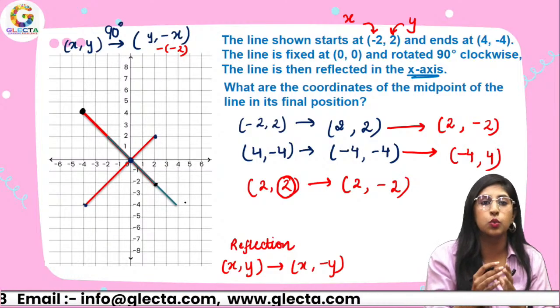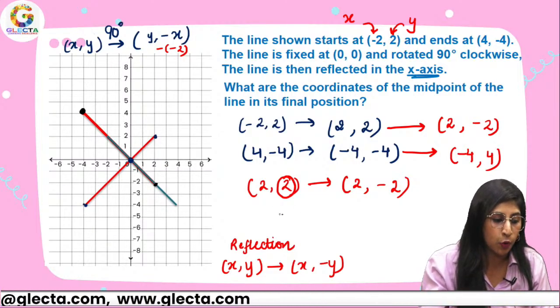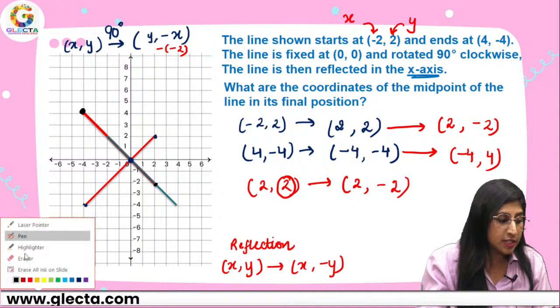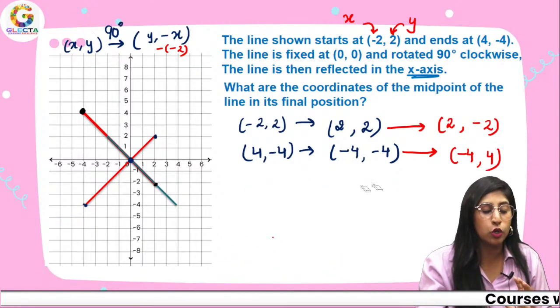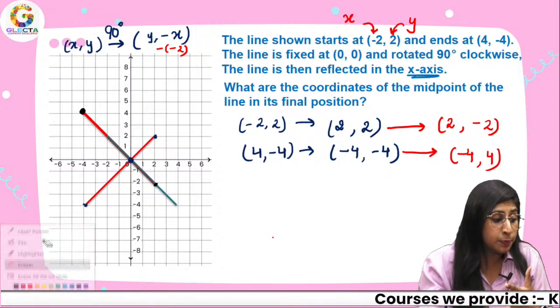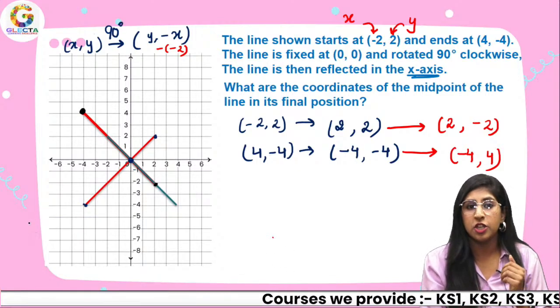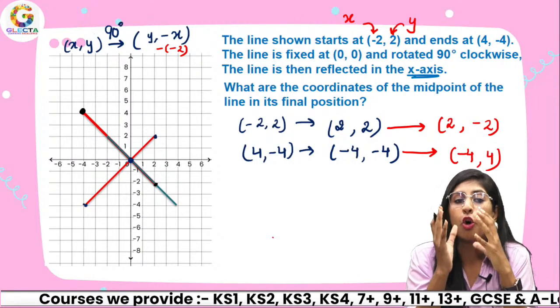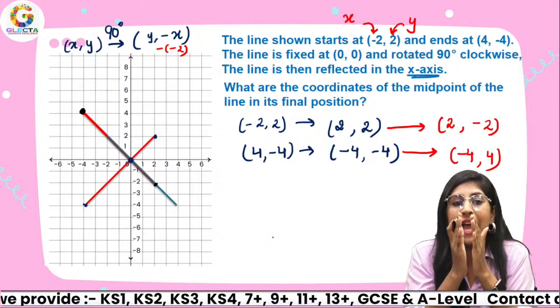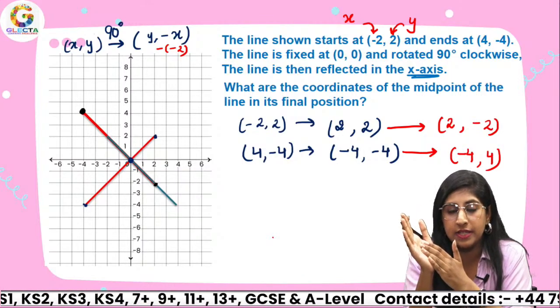Now if I ask you what will be the midpoint of these points. Now listen to this very carefully. If I have any two coordinates and I want to calculate the midpoint, just remember that you have to calculate the average of the x coordinates and the y coordinates.